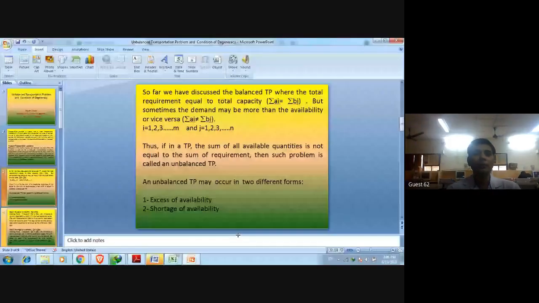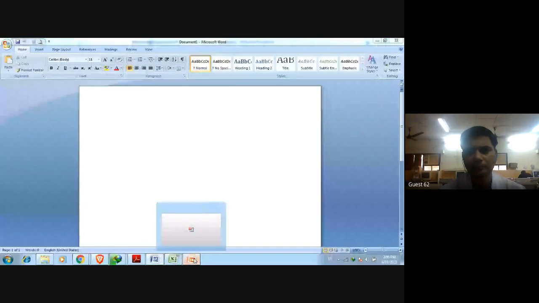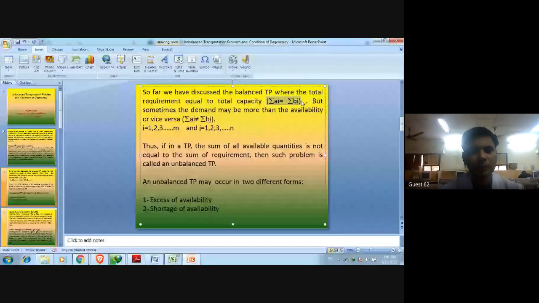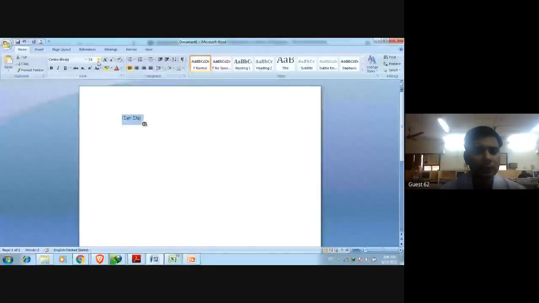We have discussed the balanced TP, where the total requirement is equal to the total capacity. Here, summation of ai is equal to summation of bj, with i and j in the suffix. I am increasing the size on your screen.